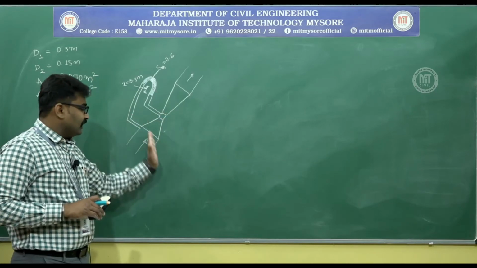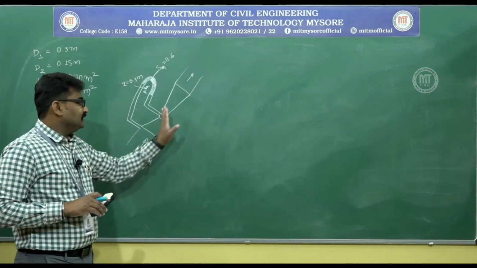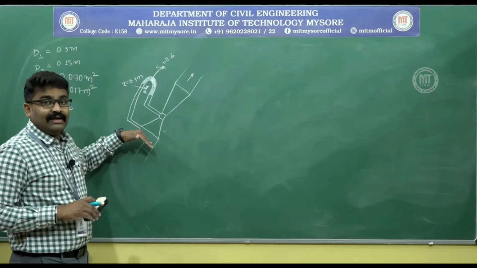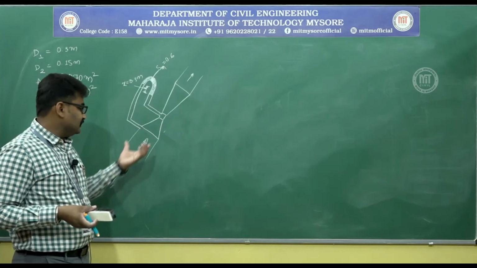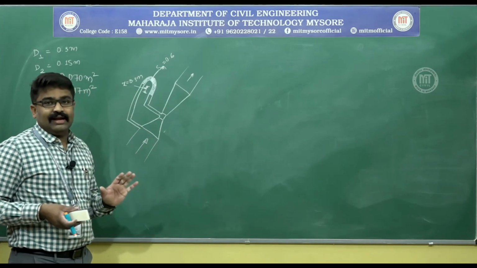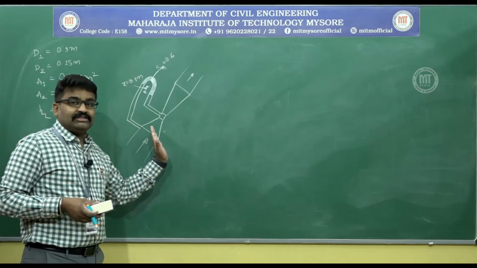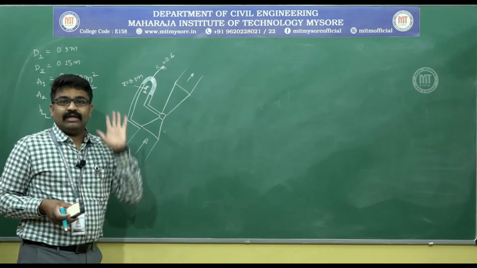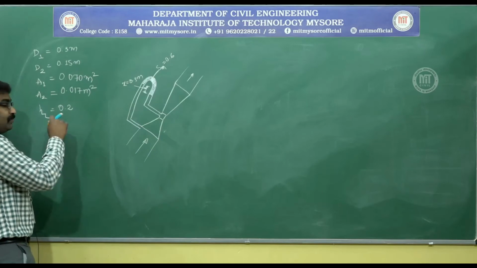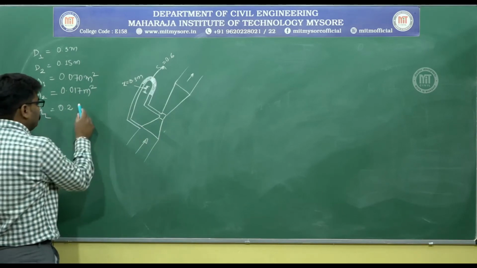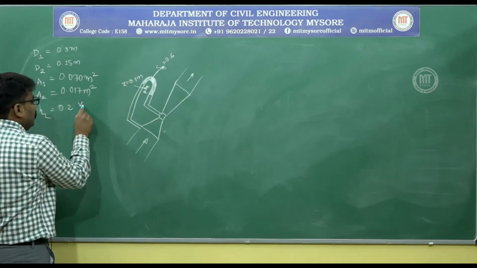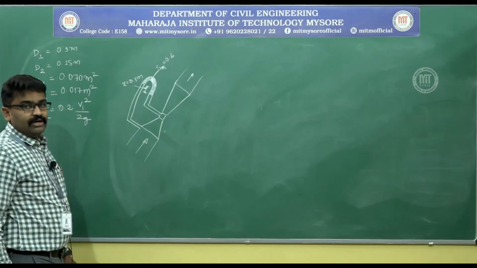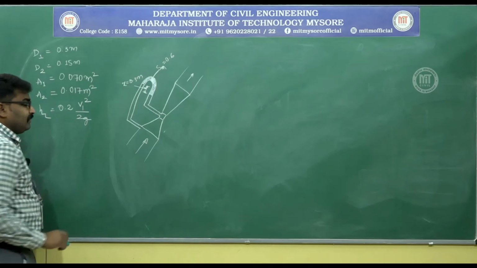Section 1 corresponds to the inlet and section 2 corresponds to the throat, and hence kinetic head of pipe also means kinetic head at the inlet. So I can take V1 square by 2G as the kinetic head of the pipe. He says it is 0.2 times kinetic head of the pipe, so I will take it to be 0.2 into V1 square by 2G.